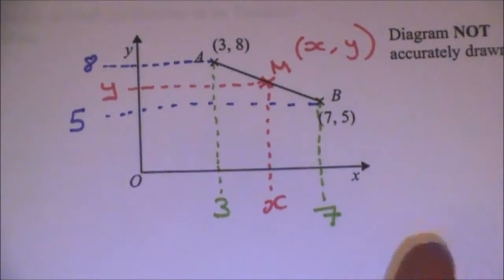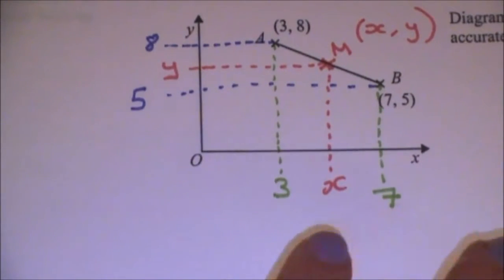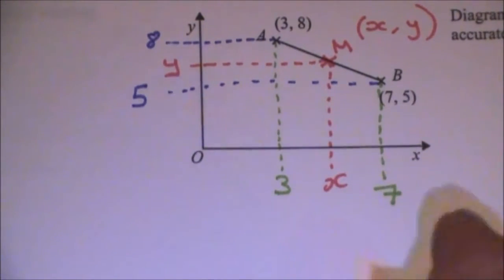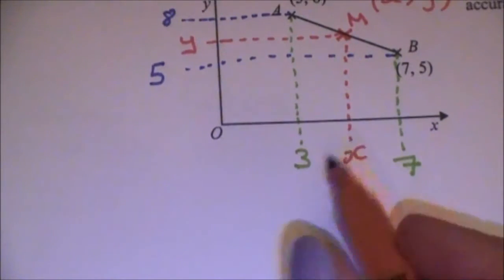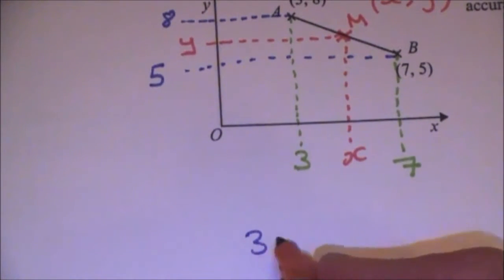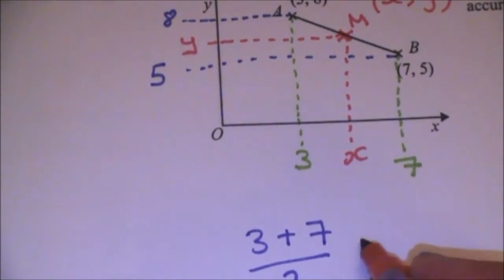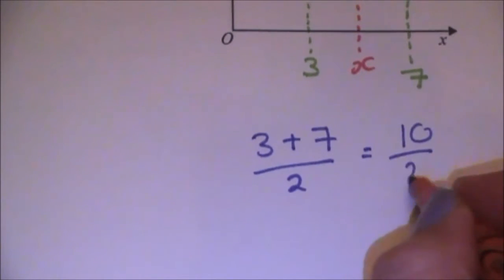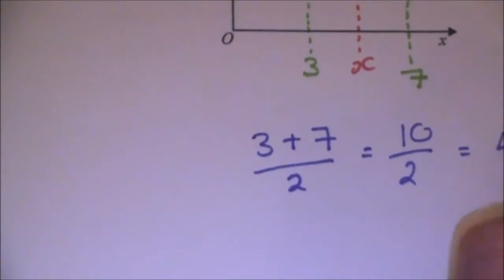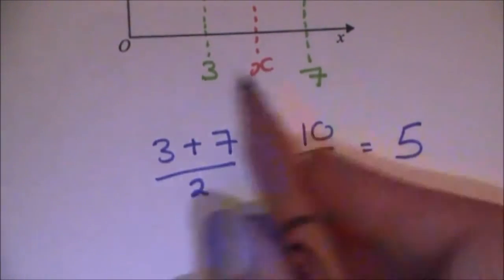And just like in many other areas of maths, in order to find the midpoint of two numbers, you add them together and then divide by 2. So the first thing I'm going to find is my x coordinates. So in order to do that, I'm going to do 3 plus 7 divided by 2. And 3 plus 7 is 10 over 2, which is 5. So my x coordinate is equal to 5.